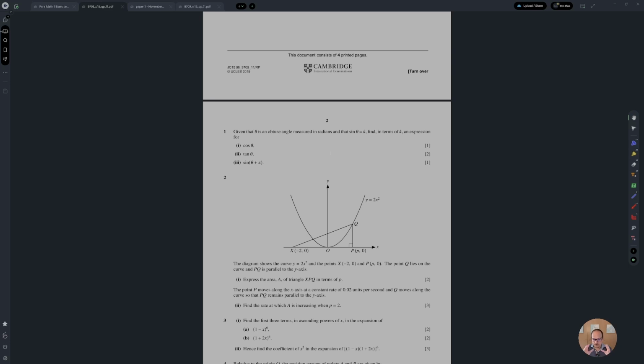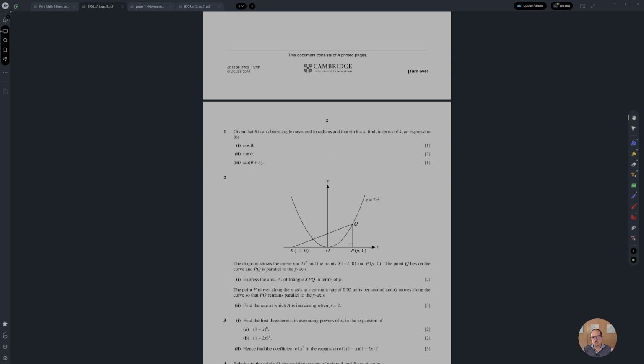What formulas are you going to use to relate sine, cosine, and tangent? The only ones that you know are sine squared theta plus cosine squared theta is 1, and sine over cosine of theta equals tan.